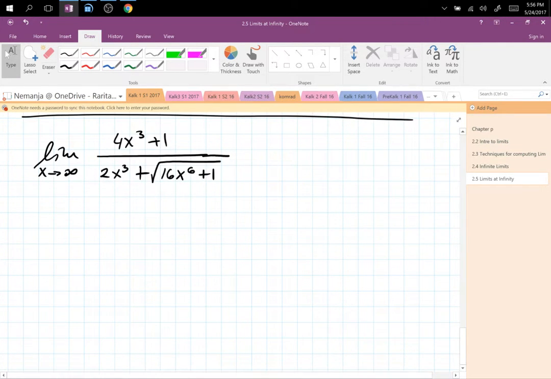Four x cubed plus 1 divided by 2x cubed plus square root of 16x to the 6 plus 1. And the answer is clearly 2/3, but how to get that?